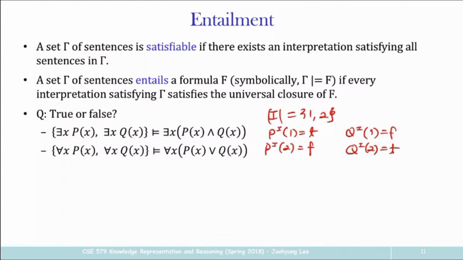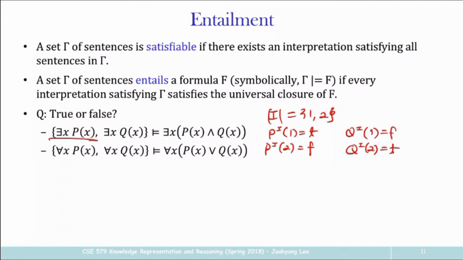So the first sentence of this formula is saying there is some x that belongs to P. Is it true? Yes. Which one is that x? 1. So 1 belongs to P, that's fine. And exists x Q(x) is also the same, because 2 belongs to Q, so we are done. This is the interpretation that satisfies the left-hand side.